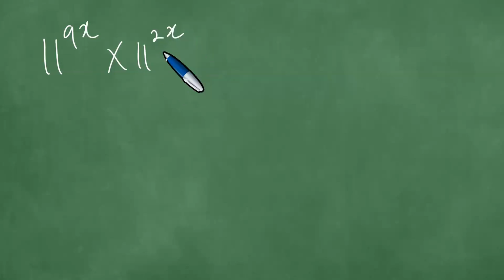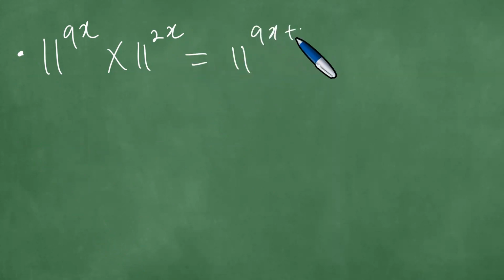What about this one? 11 to the power 9x times 11 to the power 2x. So it's going to be 11 to the power 9x plus 2x. What is 9x plus 2x? 11x. Good.